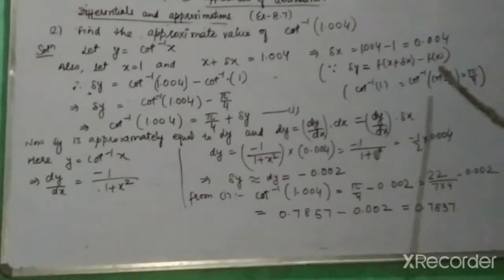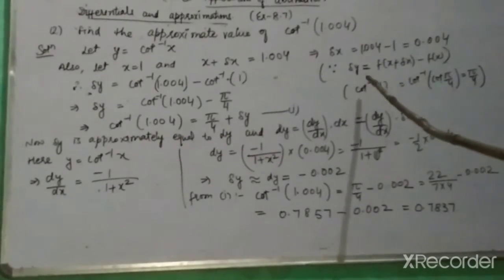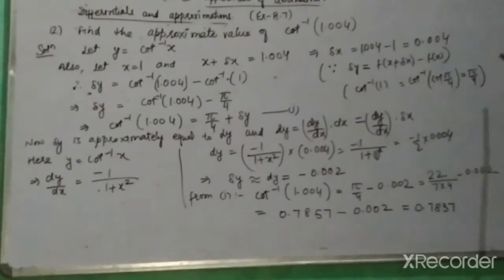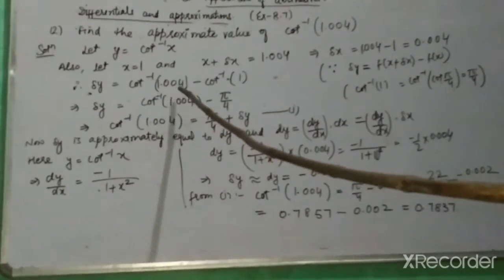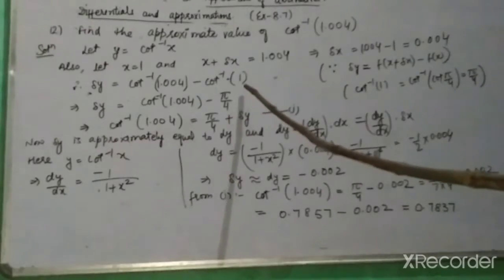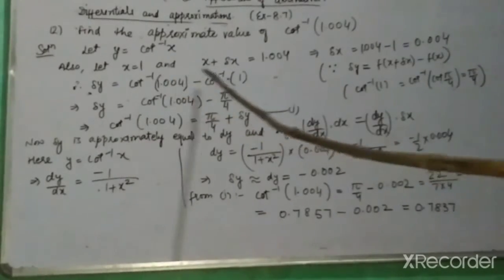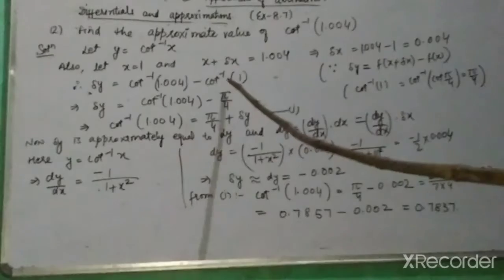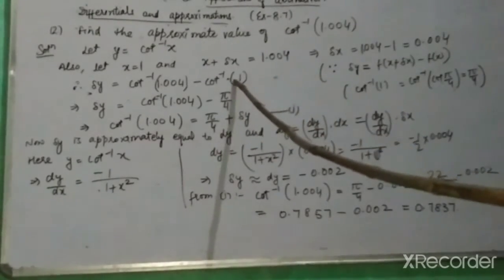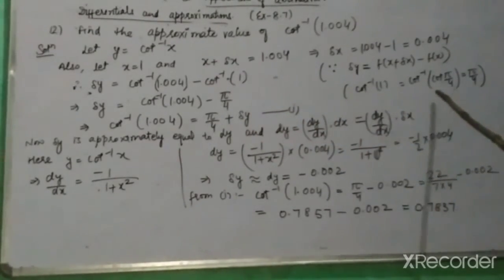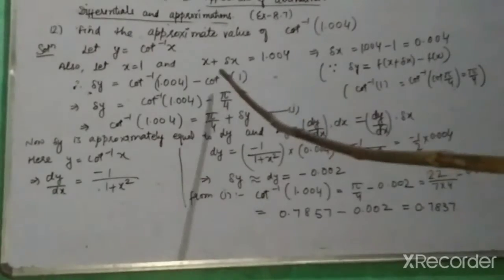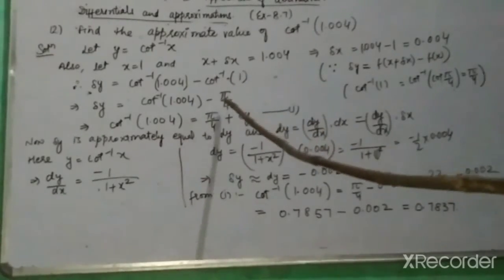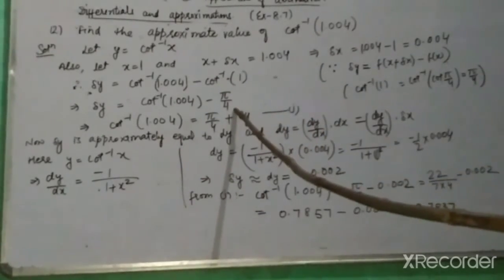We will put here x plus del x as 1.004, and f of x is, the value of x we have kept as 1. Now cot inverse 1 is, cot pi by 4. So cot inverse cot theta is theta, so obviously this will be equal to pi by 4. So in place of cot inverse 1 we have substituted pi by 4.